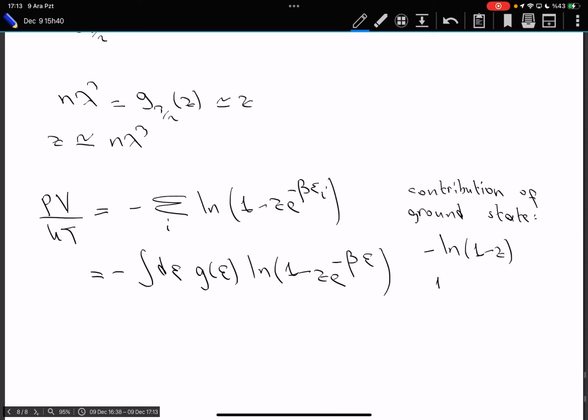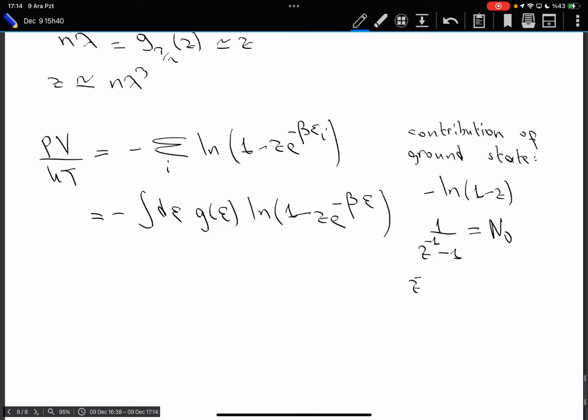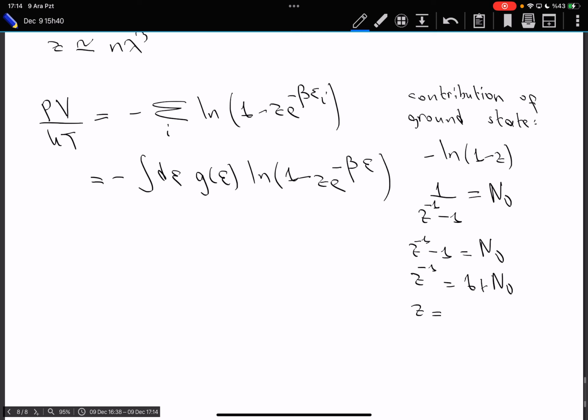And remember, 1 over z to the power minus 1 minus 1, this is n0, which tells me that z to the power minus 1 is 1 plus 1 over n0, or n0 plus 1 over n0.